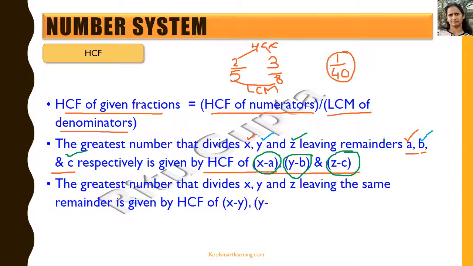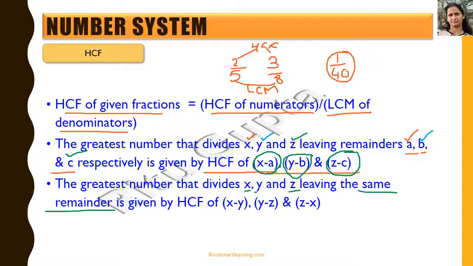And another important point for HCF is the greatest number that divides x, y and z, leaving the same remainder, but the remainder is not given. If the remainder is given, then we can simply subtract that from the given numbers and take the HCF of those subtracted numbers. But here we are told that the remainder is the same in all the three cases, but the remainder is not given.